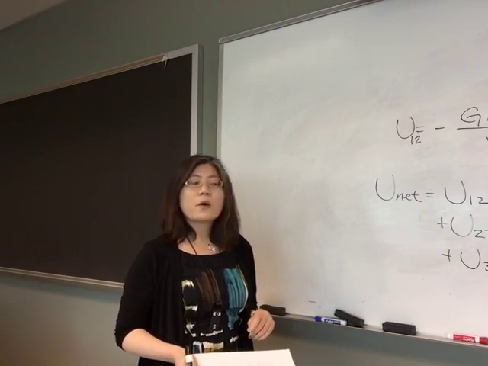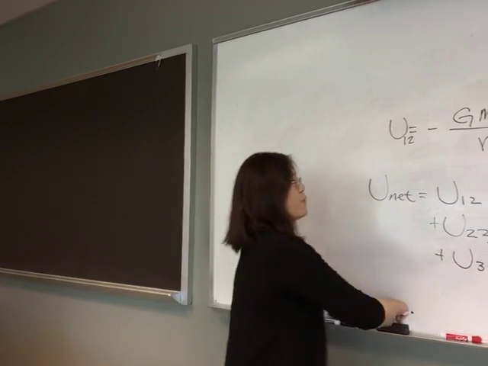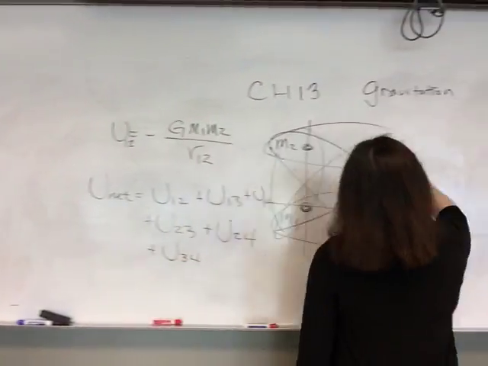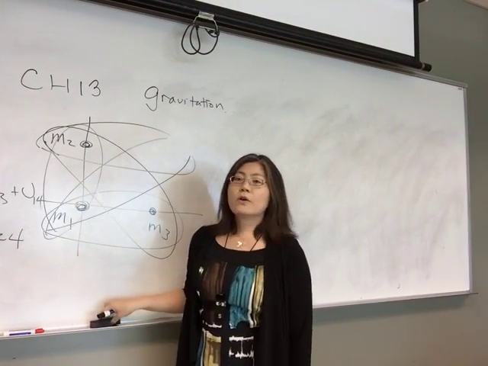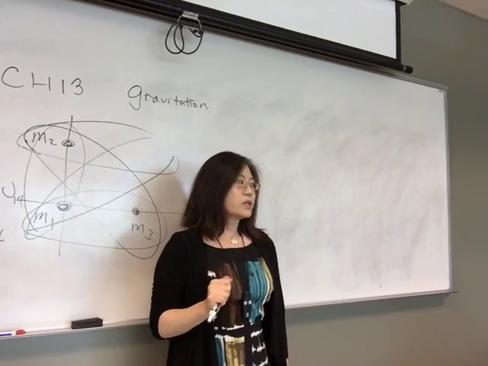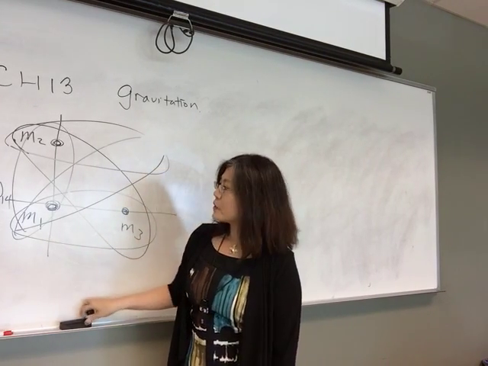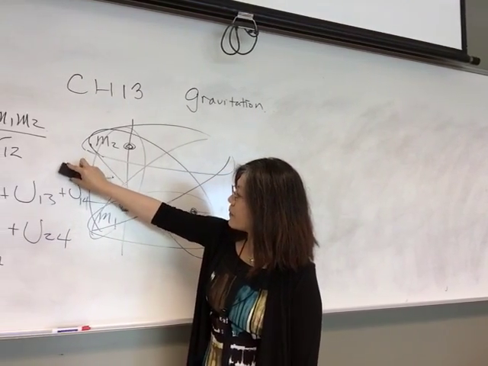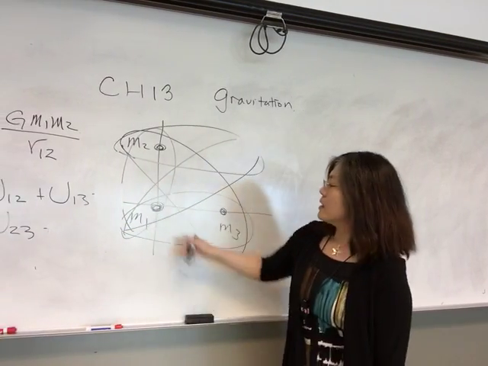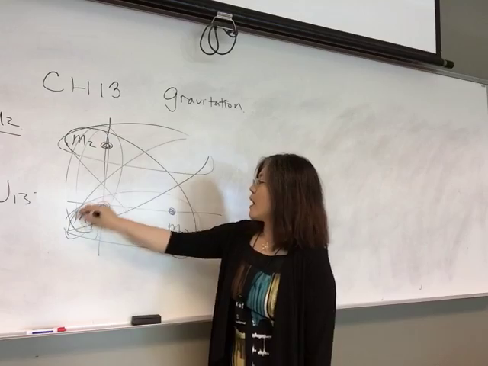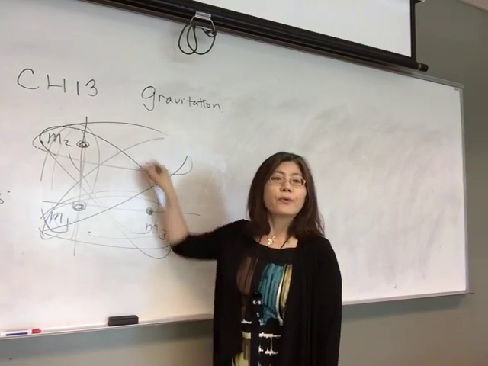If you have three particles, let's say if we remove these particles, how many terms will there be? So if particle 4 is not there, how many terms will there be? So all the 4s go away, right? So you only have 3. And those 3 will be 1 and 2, 1 and 3, and then 2 and 3.